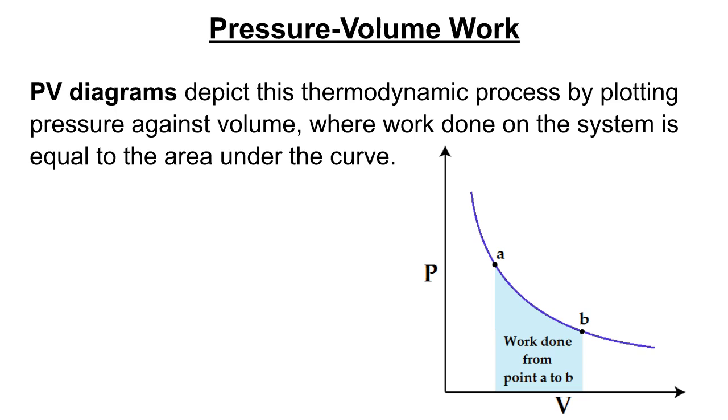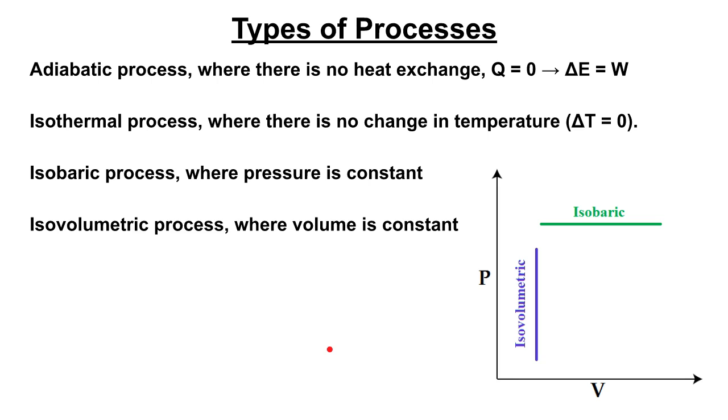And when you plot pressure versus volume on your graphs for thermodynamic work, the area that is found under the curve there, so you can see this right here, is going to be work done from point A to point B. So if you can find the area under that curve, that's the work that has been done from a pressure-volume relationship.